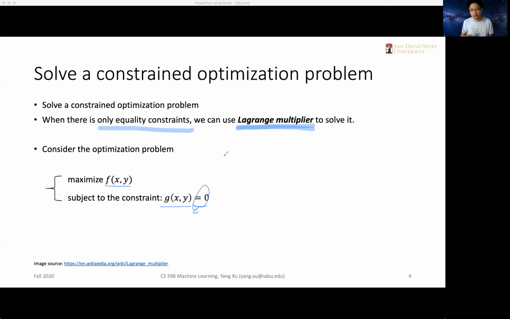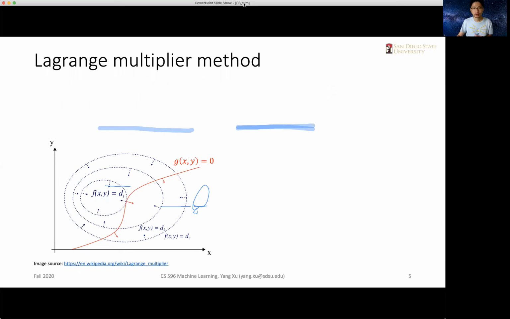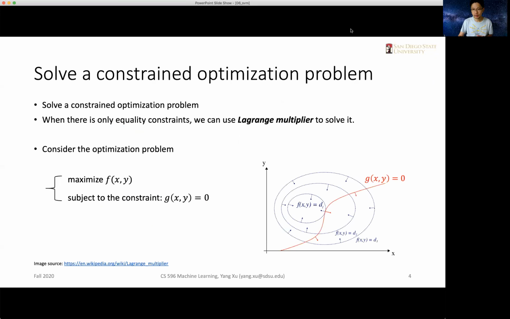If the constraint is an equality, then it's quite easy to solve, right? Let me go back to this slide. If we draw f of x and g of x onto a 2D plane, the dashed lines in blue are the contours of the function f.